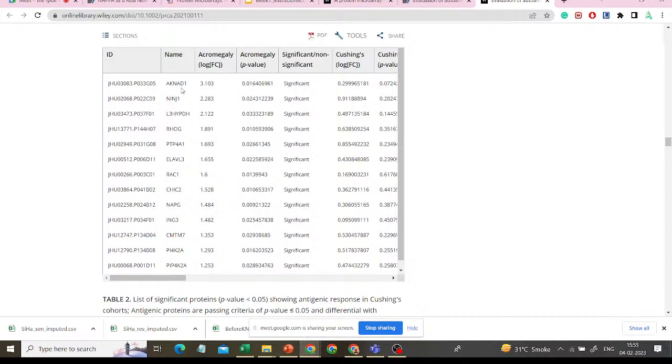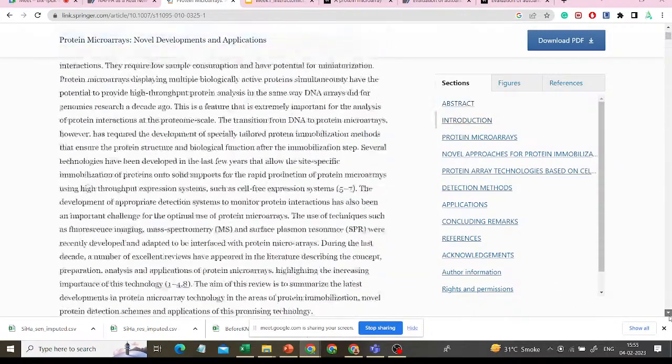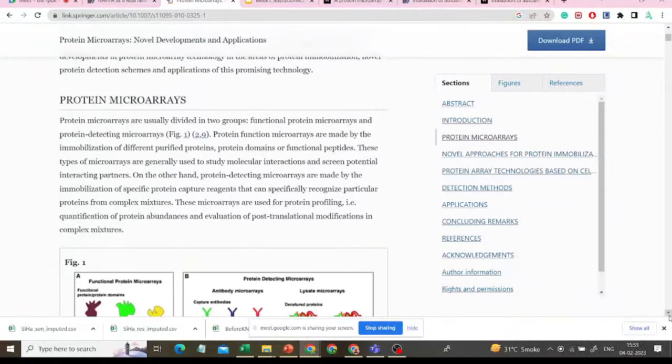So whether the patient is prone to a particular disease, or is already diagnosed and how the disease is progressing, you can get an idea easily. This is one of the major applications of protein microarrays. Now there are different protein microarrays.